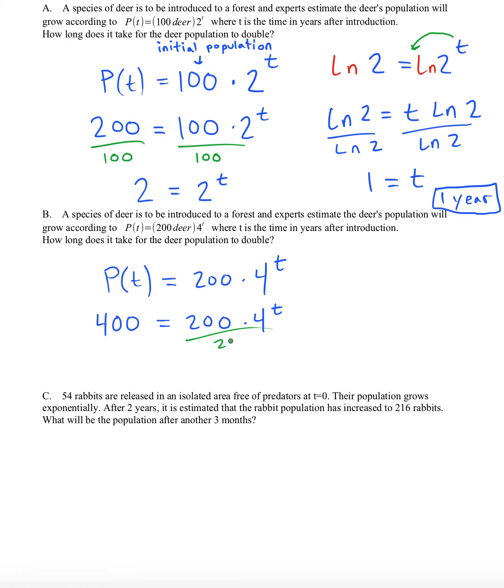Divide by 200 on both sides. Get 2 equals 4 to the t. And we can solve this one just by taking a log of both sides and then bringing the t down in front.